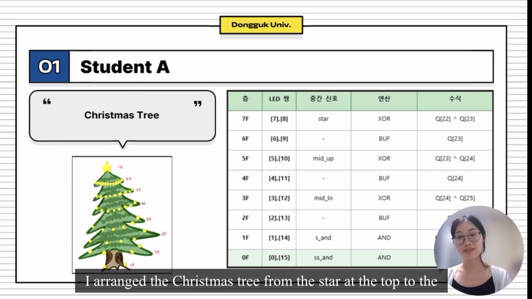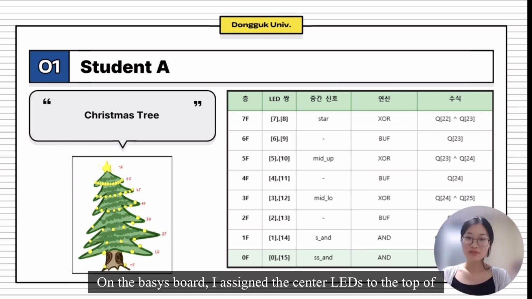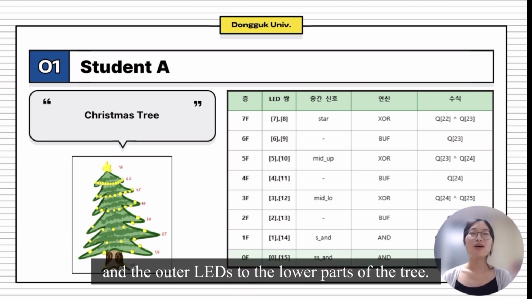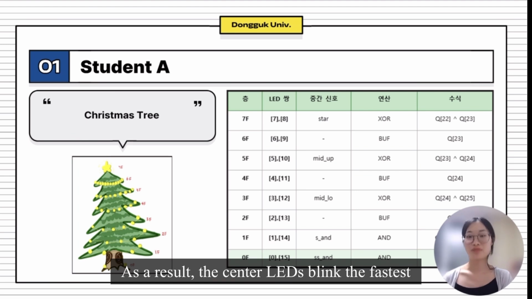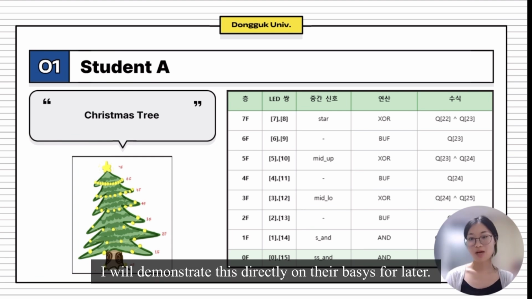I arranged the Christmas tree from the star at the top to the trunk at the bottom. On the Basys board, I assigned the center LEDs to the top of the tree and the outer LEDs to the lower parts of the tree. As a result, the center LEDs blink fastest, while the LEDs near the edges blink more slowly. I will demonstrate this directly on the Basys board later.